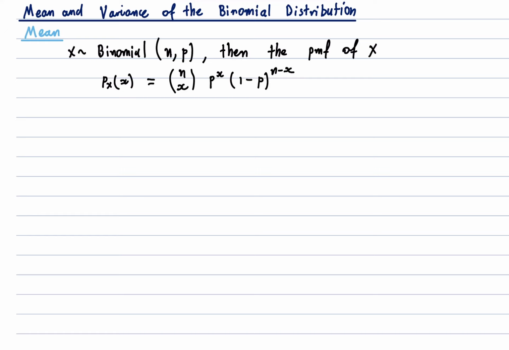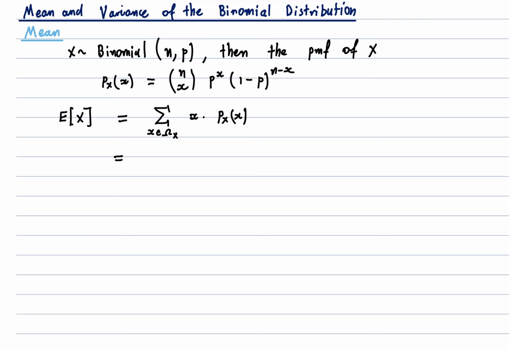So, using the definition of the expectation of a discrete random variable, we can say that E[X] is the sum across all values of x in the support of X of x times the probability mass function.